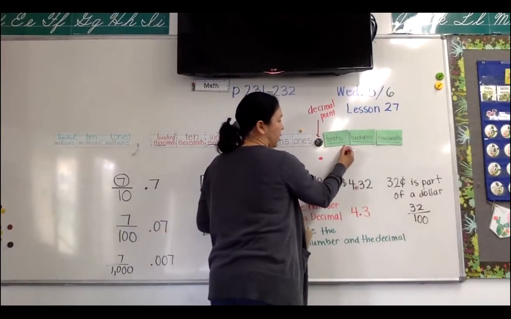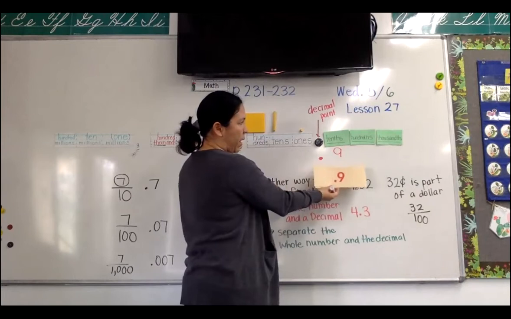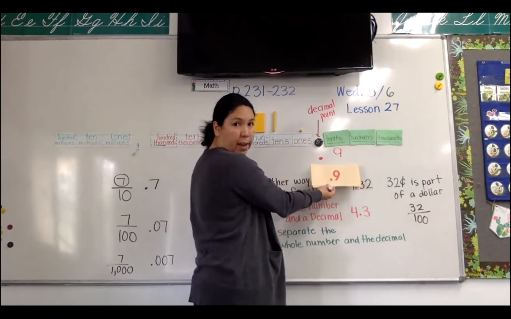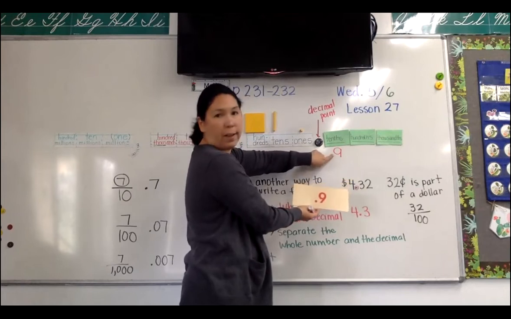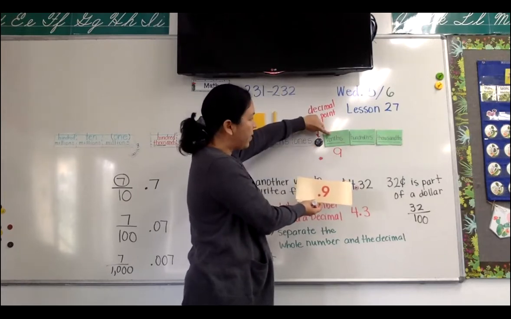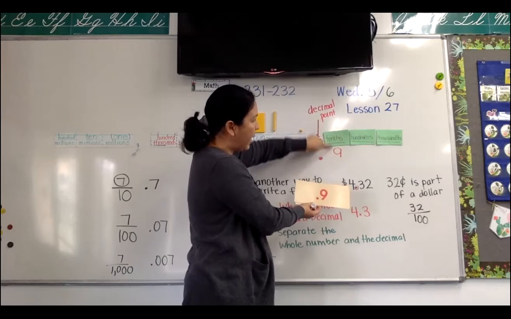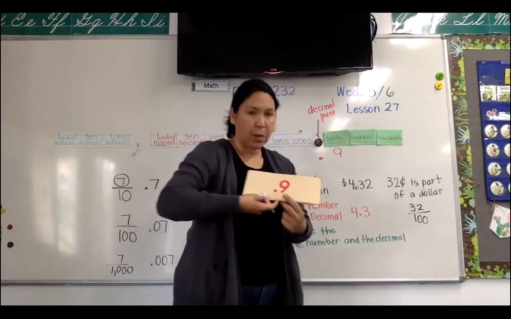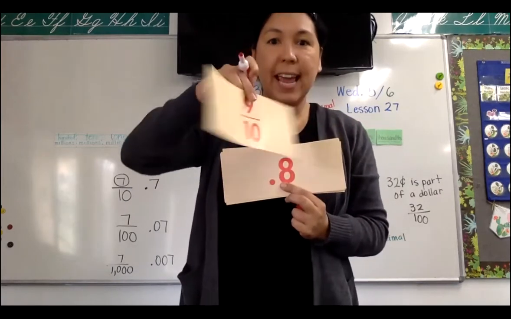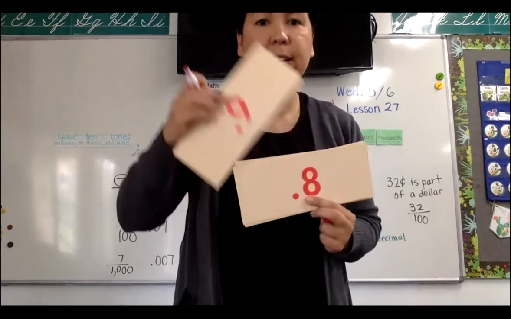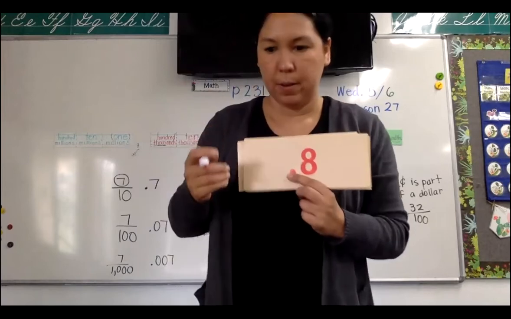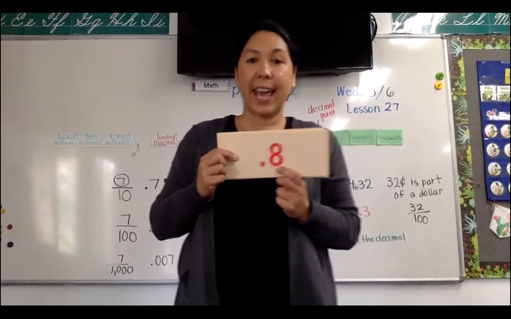I'm going to go like this. 0.9. Does my 0.9 match their 0.9? Yes. This is how we read this. We say the number, everyone say 9, and now say this after it. 9/10. 0.9 is the same thing as 9/10. Okay? Let's see if we can say a couple more. Okay, I'm gonna put this down. 0.8.